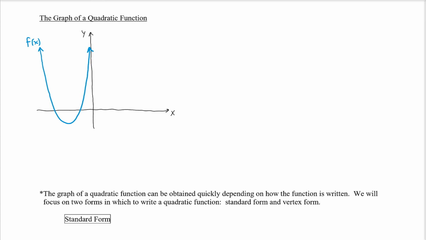They are symmetric about this line right here that passes through this important point down here at the bottom. We call this the axis. And this important point down here at the bottom, right here, we call that the vertex.